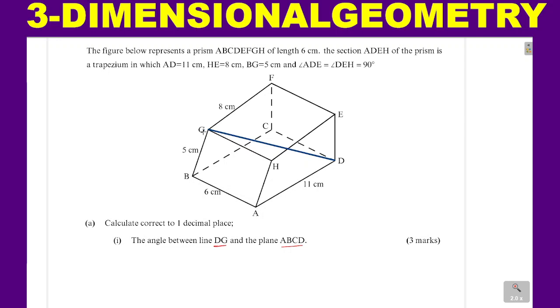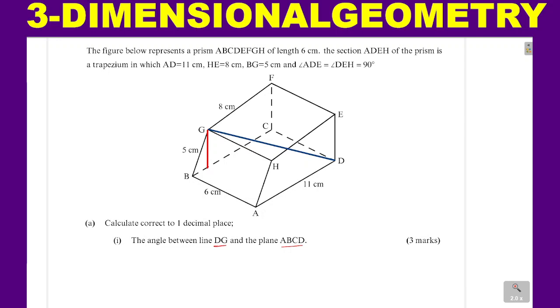So what is the projection, or the shadow, of DG on the plane ABCD? Look at this point. Point G will be projected perpendicularly straight below, so it will be projected there. That will guide you to know the projection of DG. D will be projected exactly where it is on that plane.